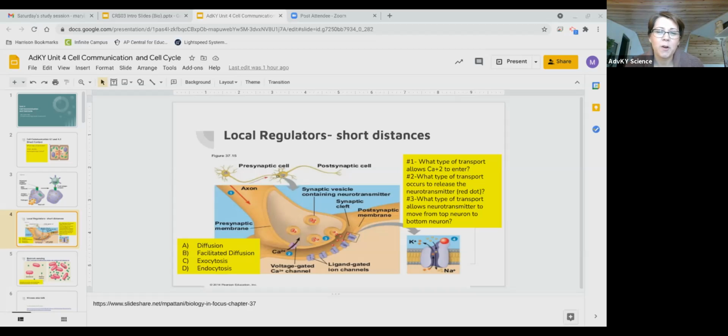All right, it looks like we're all in agreement. I'll try to move through so we can get to some writing. Exocytosis, we're trying to release a lot of that signal at one time.